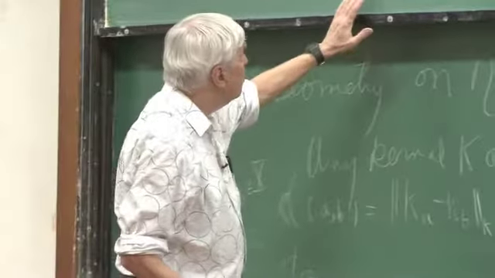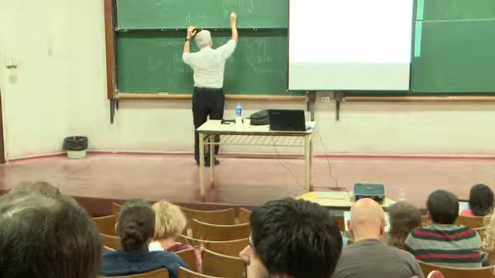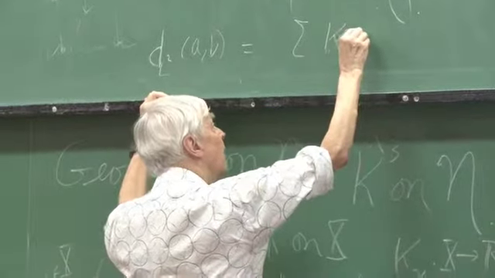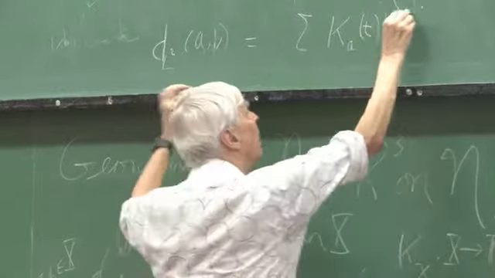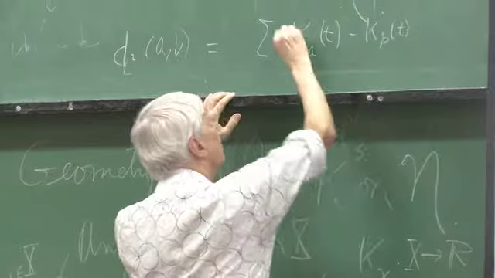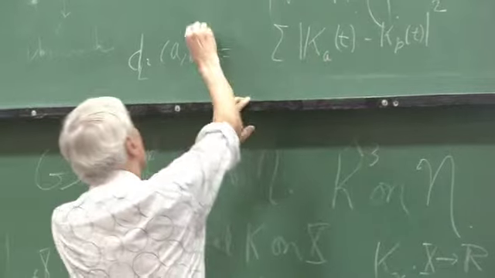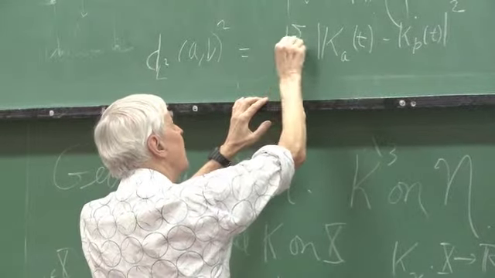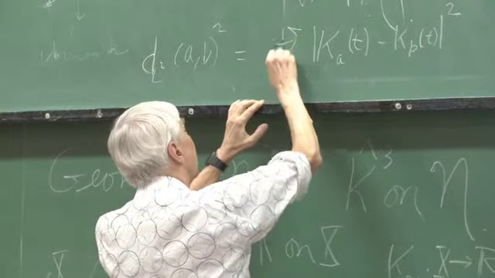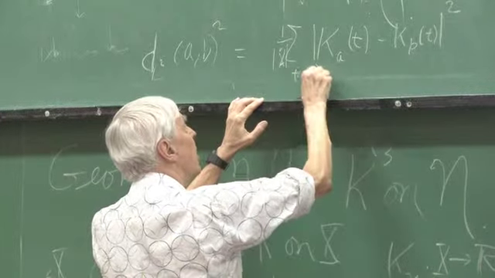Okay, so d_L2 is simply the sum of k_a of t minus k_b of t, and here we take this inner product, square it, and then divide by the number of points in x, and the sum is over all t in x.